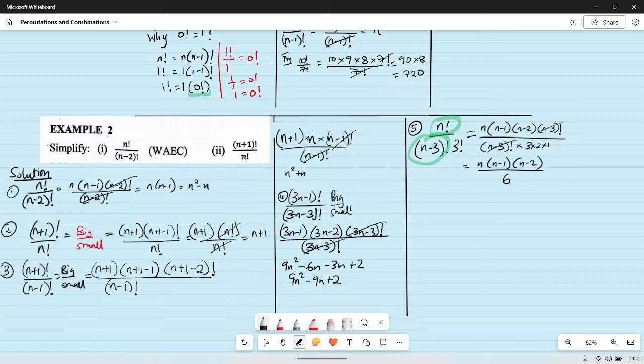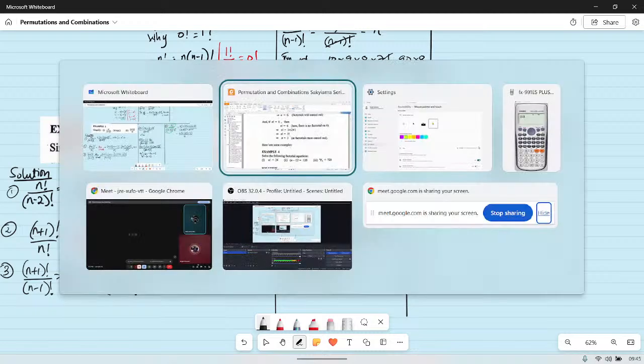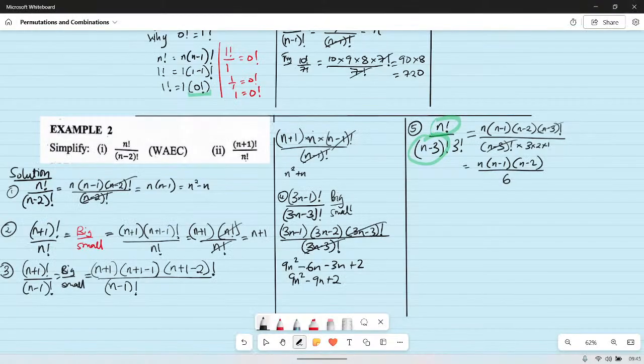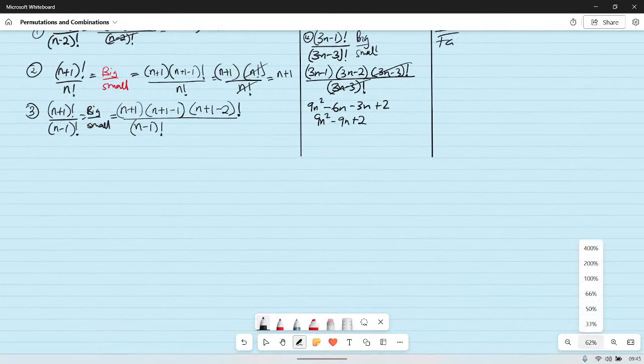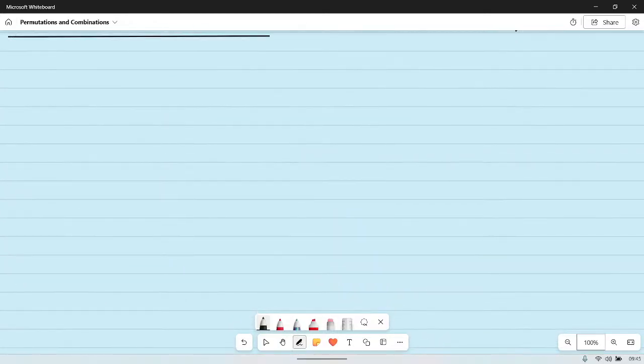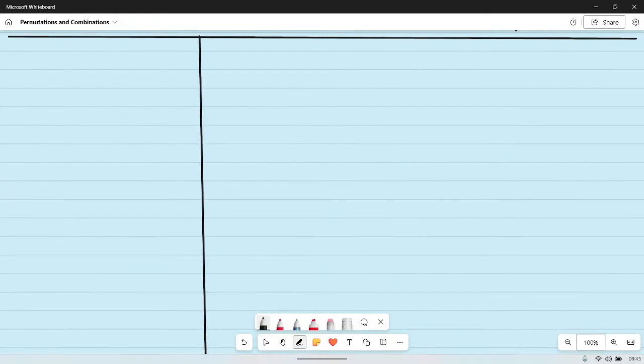Hope you are enjoying the class. So, factorial equations.